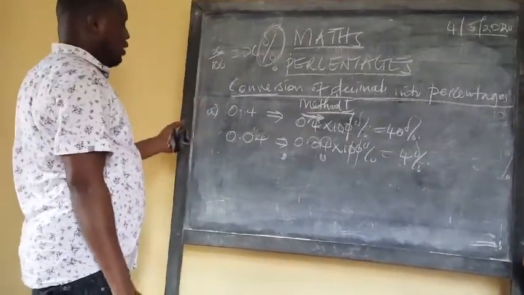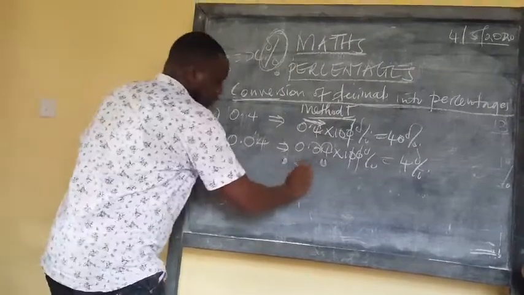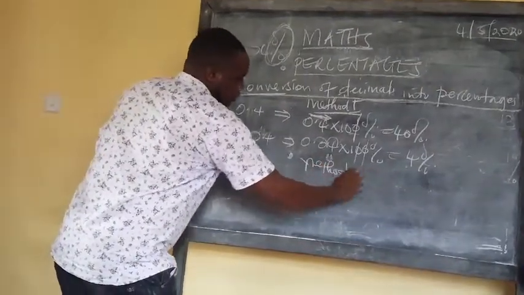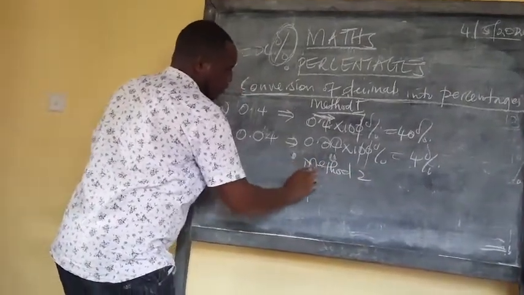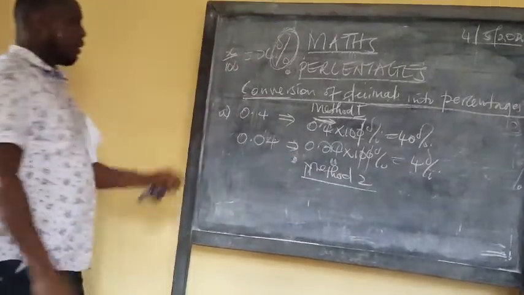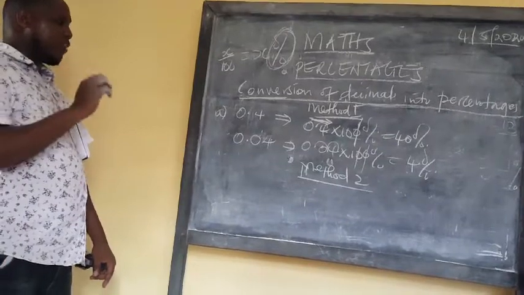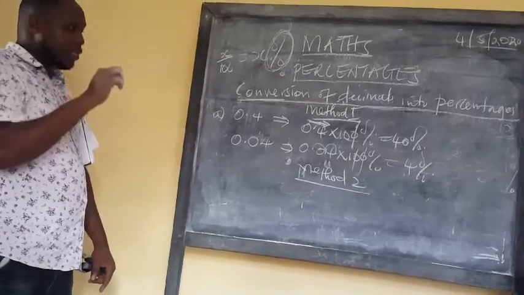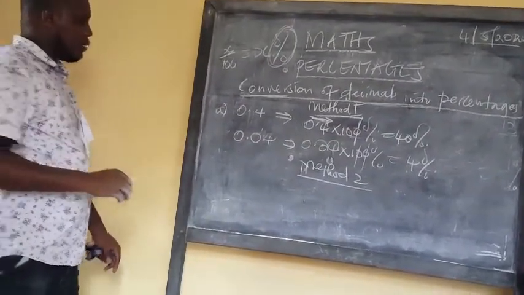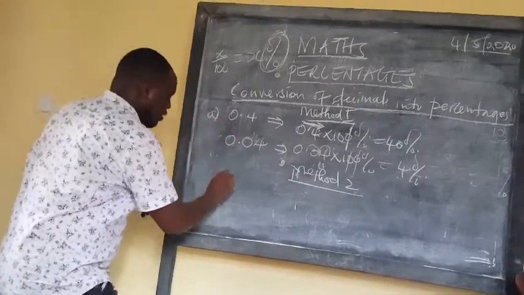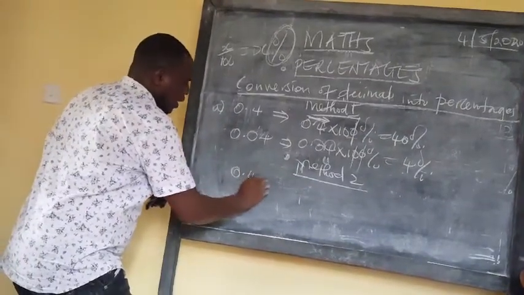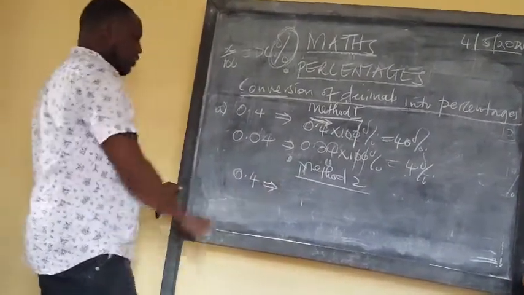The second method, number 2, of converting decimals into percentages, you can simply convert the decimal into a fraction and then multiply by 100%. That means if you have 0.4, you first convert this into a fraction.